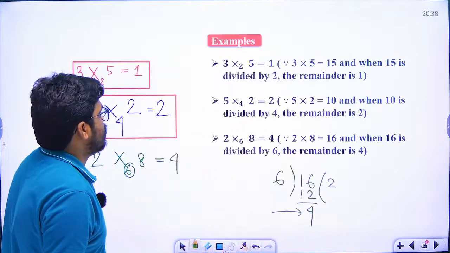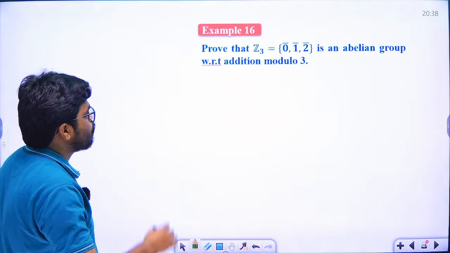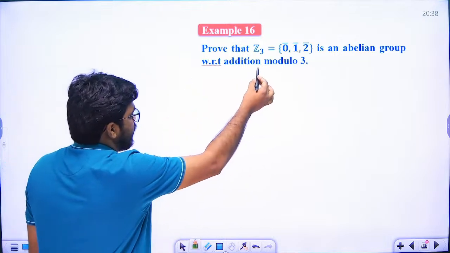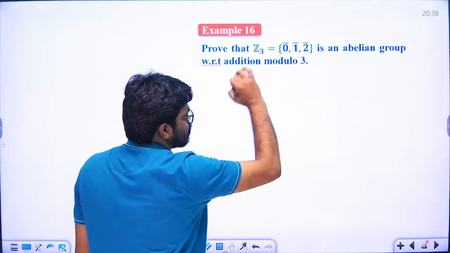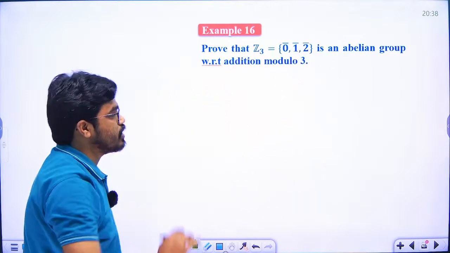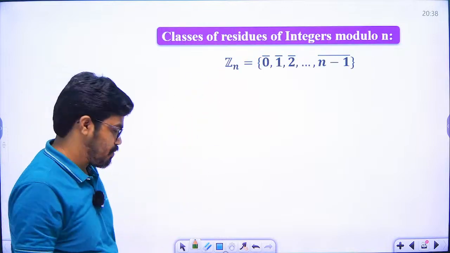Just see, prove that Z3, whose elements are 0 bar, 1 bar, 2 bar, is an abelian group with respect to addition modulo 3. Just see, what is Zn?